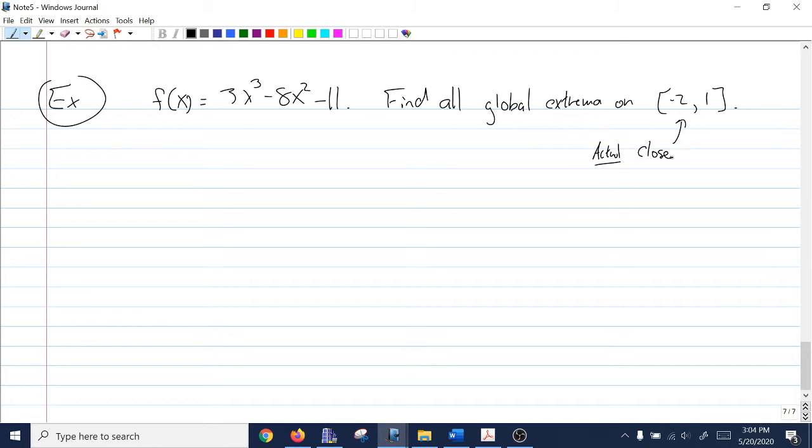I can use that fact that we said at the start in its full force. No worry about is there a max, is there a min. Where do they happen? They must happen at a critical point or an endpoint.